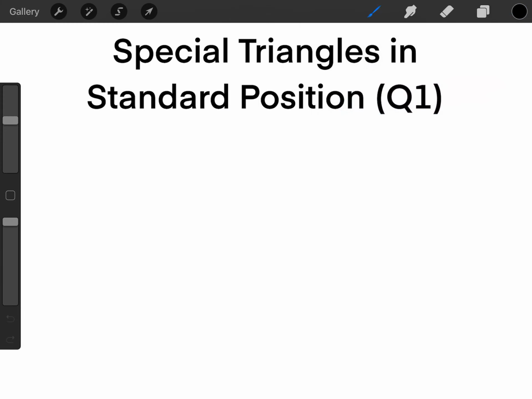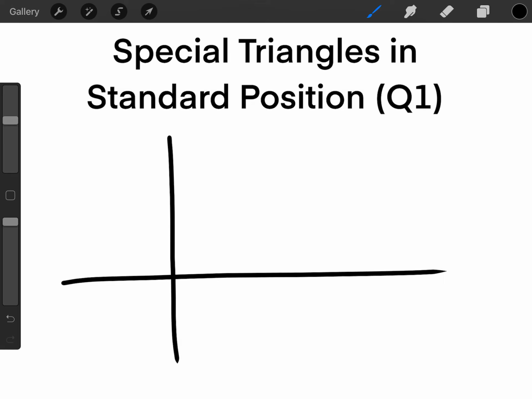And we all know the ratio for the 45, 45, 90 is 1, 1, root 2 for the hypotenuse. For 30, 60, 90 it's 1, root 3, and the hypotenuse is 2. So these are the two special right triangles and the ratios of each side. Really good to know, because the next thing I want to talk about is related to these two special triangles.